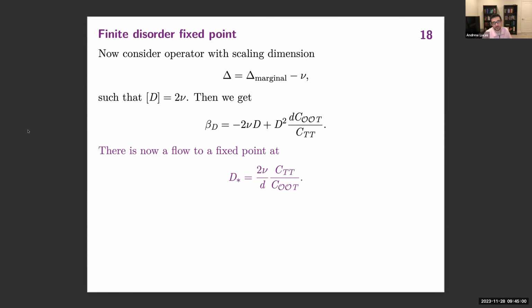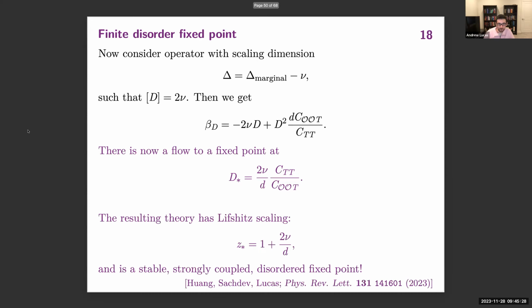And then we might expect that the beta function for the disorder will just get a linear correction minus 2 nu d, coming from the fact that d now has a positive operator dimension. And this suggests that there's now a flow to a fixed point at finite disorder strength, where the disorder strength at the fixed point, which I've denoted as d star, is 2 nu over d times this ratio of OPE coefficients.